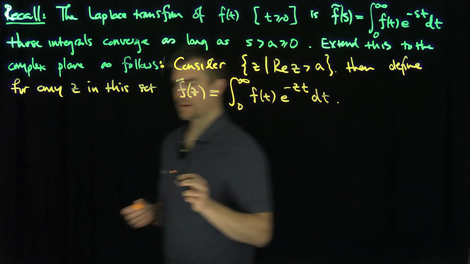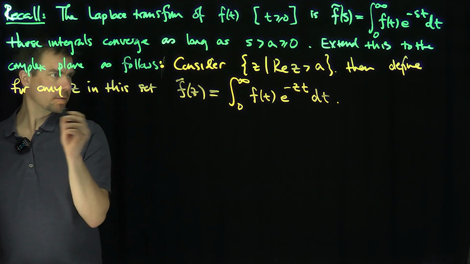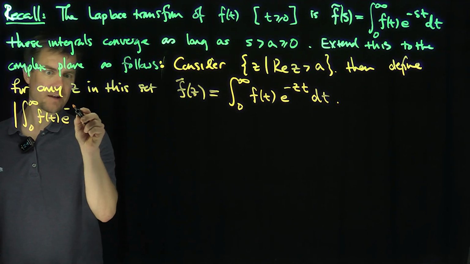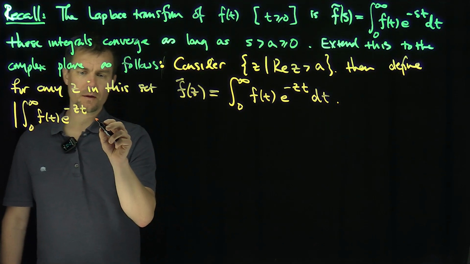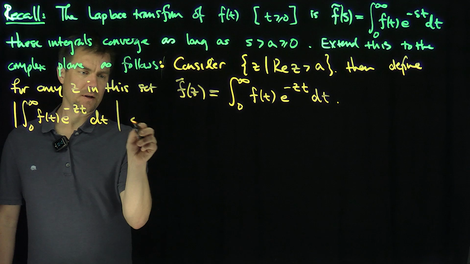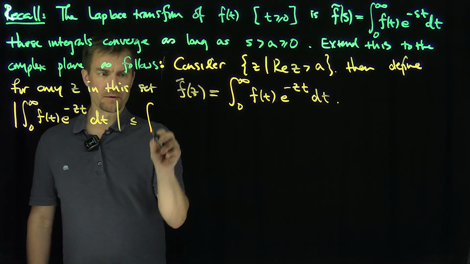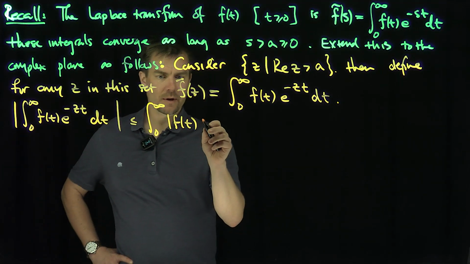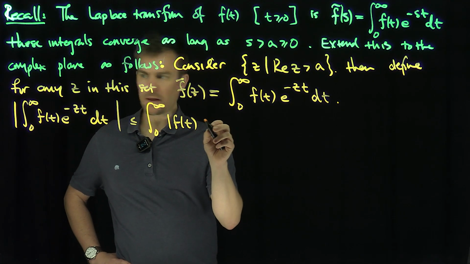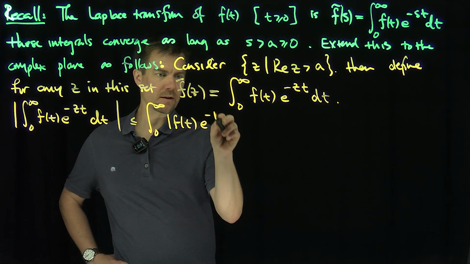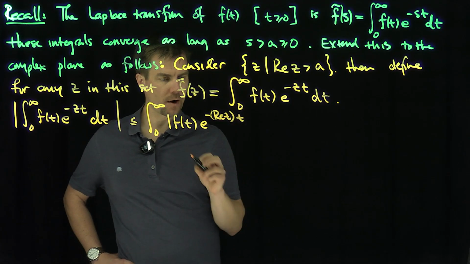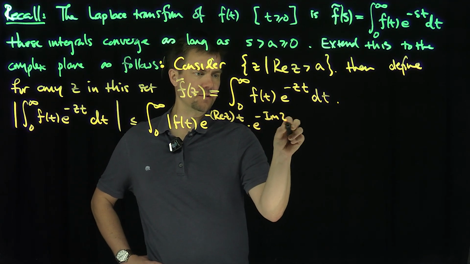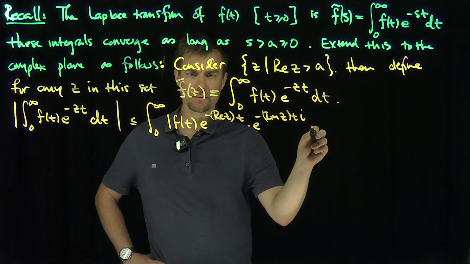Let's estimate this. The integral from 0 to infinity of f of t e to the negative zt dt is less than or equal to, putting the absolute value on the inside, the integral of absolute f of t, and then e to the negative real part of z times t, and then times e to the negative imaginary part of z t with an i, dt.